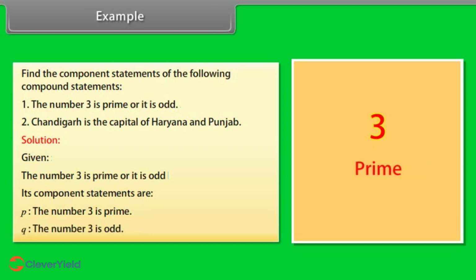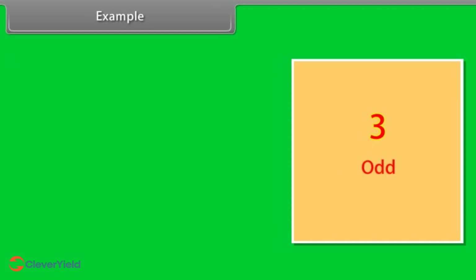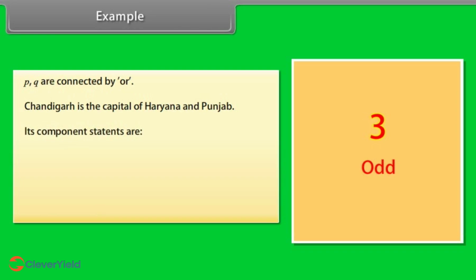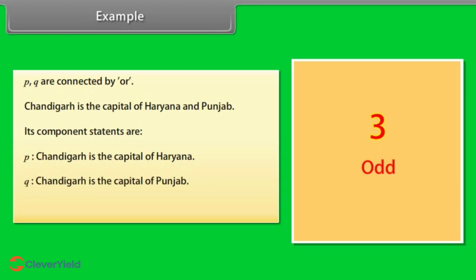Q is a statement that number 3 is odd. P and Q are connected by or. Chandigarh is the capital of Haryana and Punjab. Its component statements are: P is a statement that Chandigarh is the capital of Haryana. Q is a statement that Chandigarh is the capital of Punjab. P and Q are connected by and.